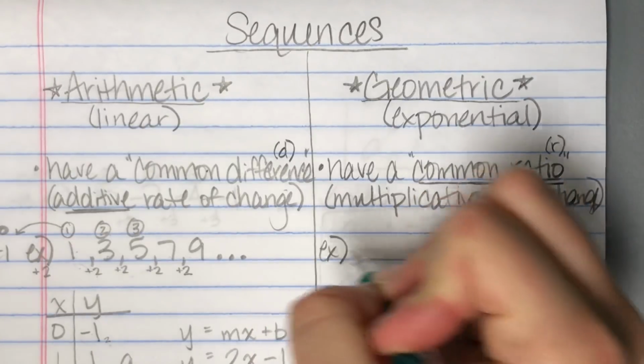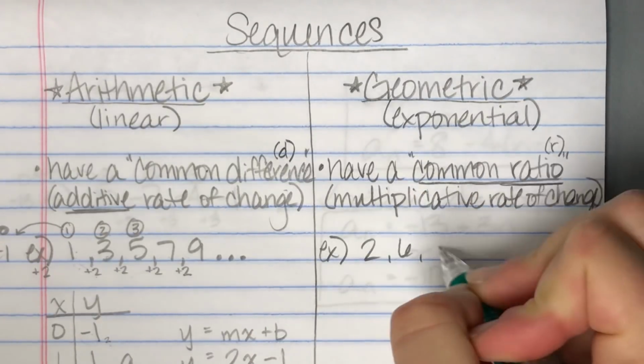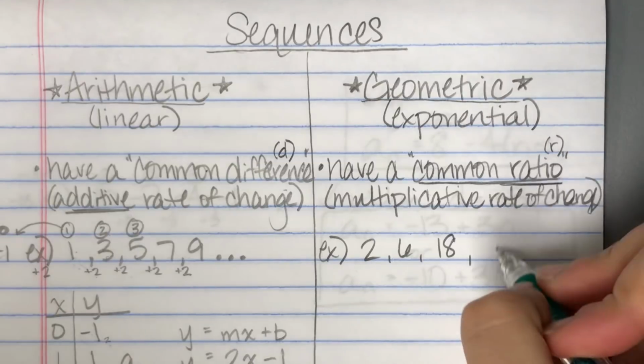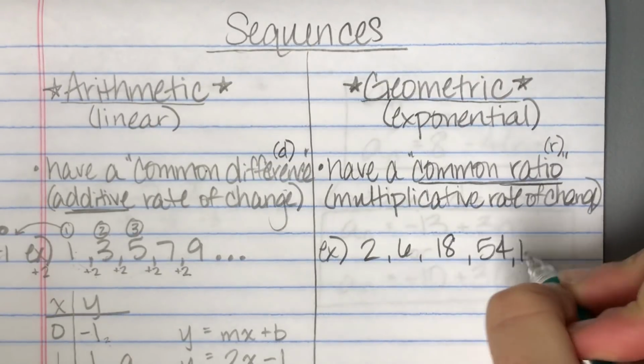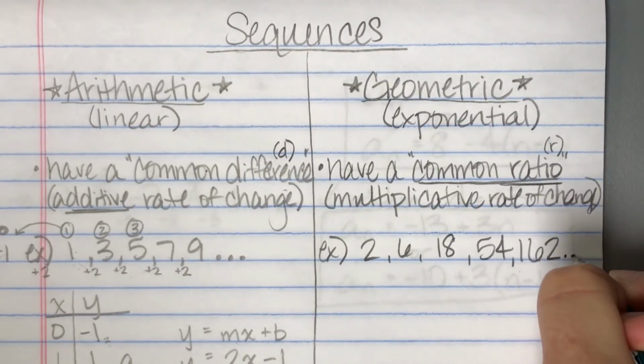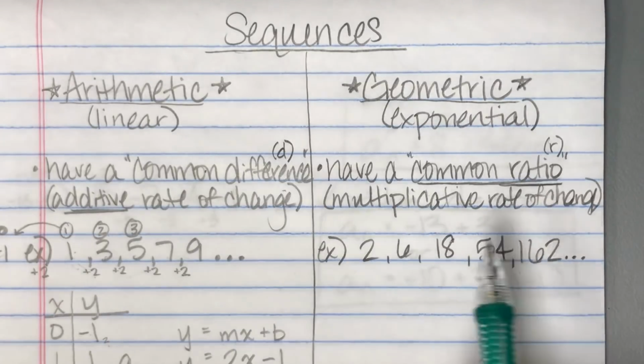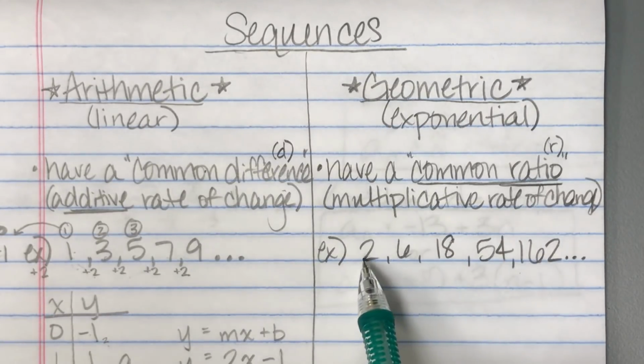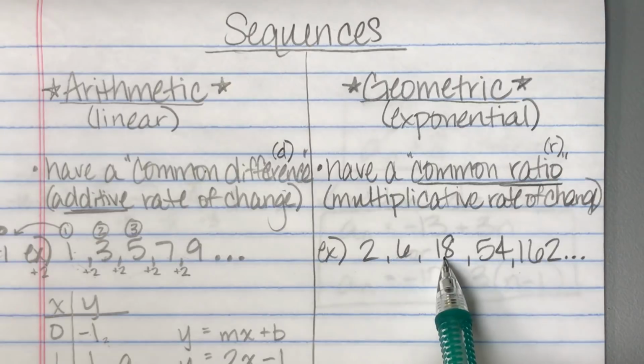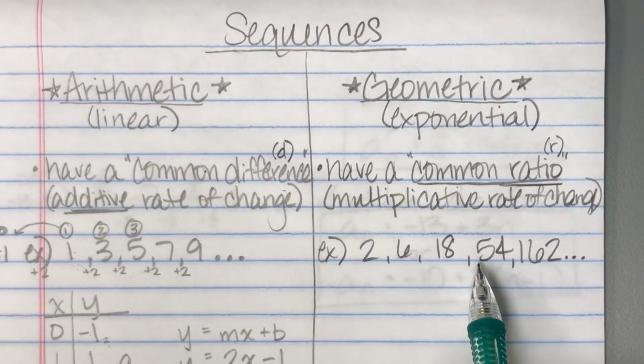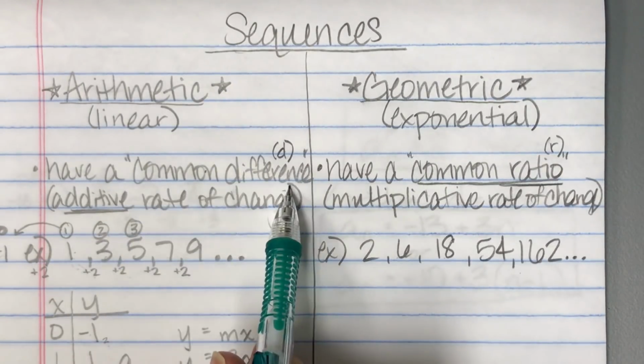A really good example would be this sequence: 2, 6, 18, 54, 162, and so on. You notice it's not additive, because we add 4, then we add 12, then we add a lot more than that. So there's definitely not a common difference.